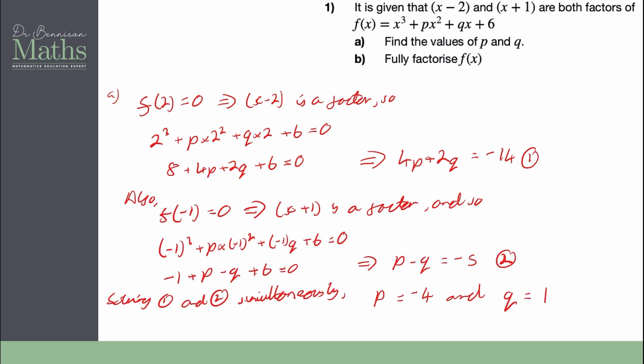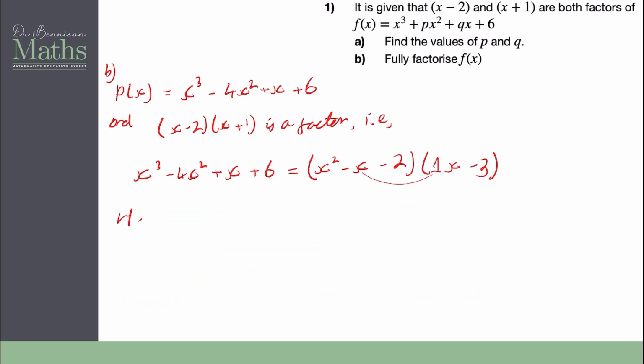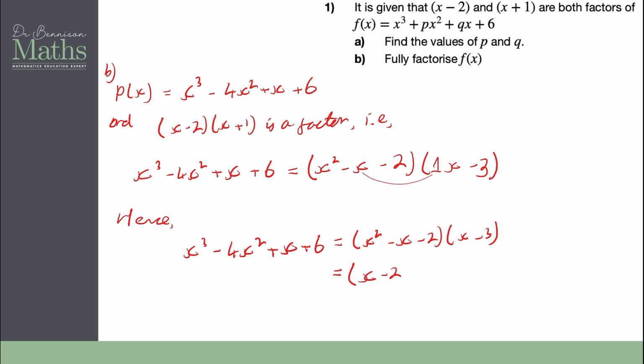So hence, x cubed minus 4x squared plus x plus 6 is equal to x squared minus x minus 2 times x minus 3, but leaving that in fully factorised form, i.e. the three possible linear factors, x minus 2, x plus 1, and x minus 3.